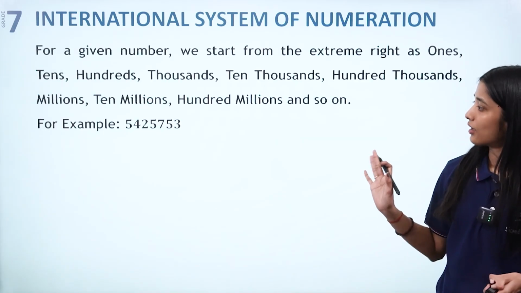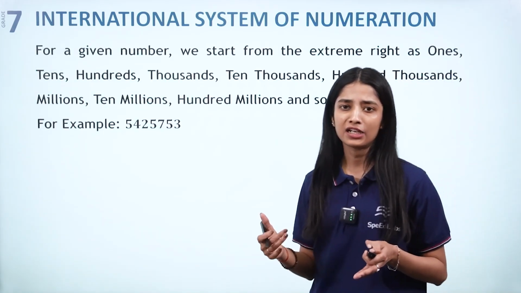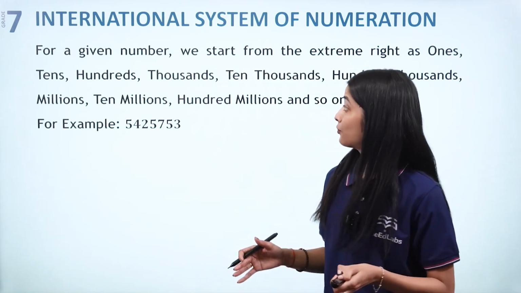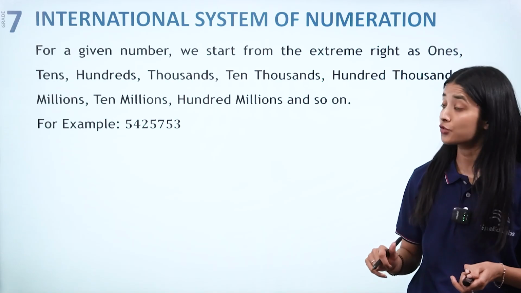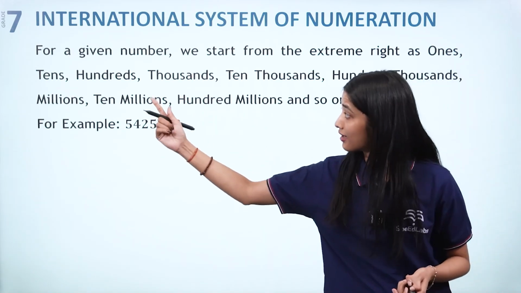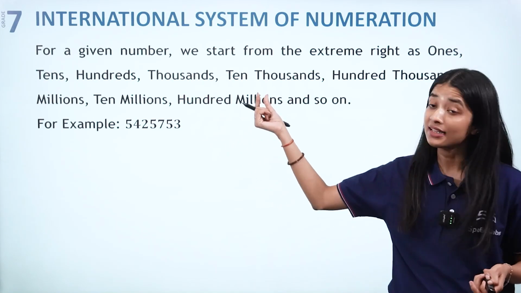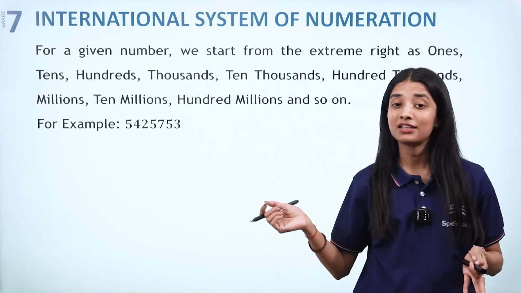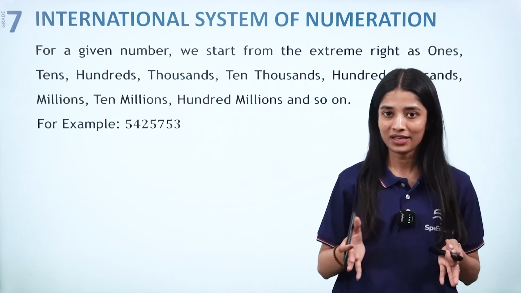Now we will see how we can read any number in the international system of numeration. For a given number we start from the extreme right as ones, tens, hundreds, thousands, 10,000s, 100,000s, million, 10 million, 100 million, and so on.